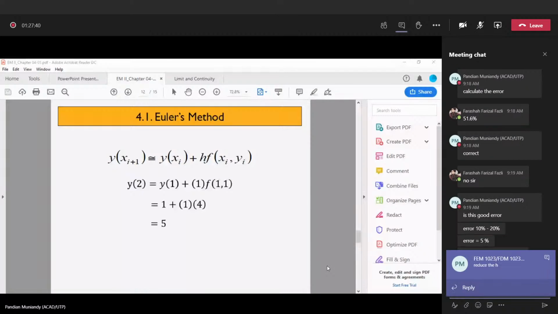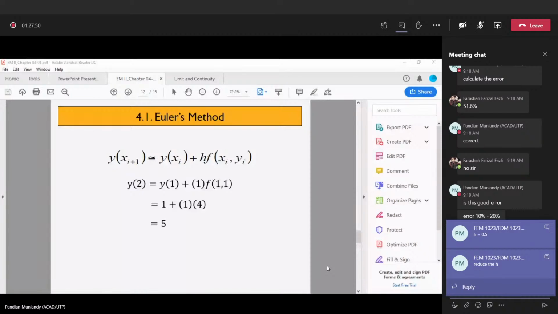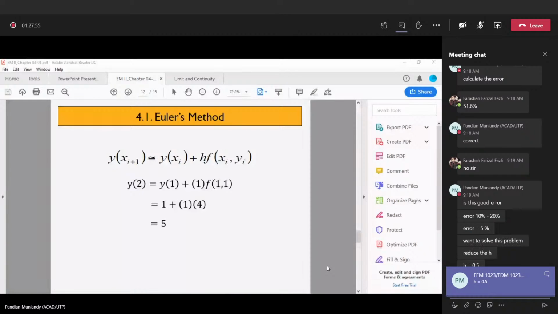So you go home, try h equals 0.5 first. We are talking about the Euler method, yeah? Try h 0.5. Home exercise, you go home and try. Now, if your percentage is still very high, then you go for h equals 0.25.